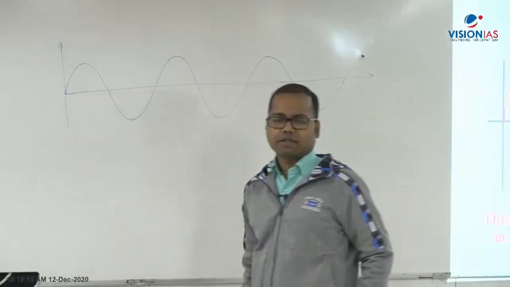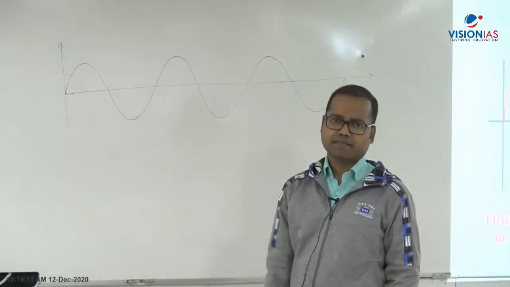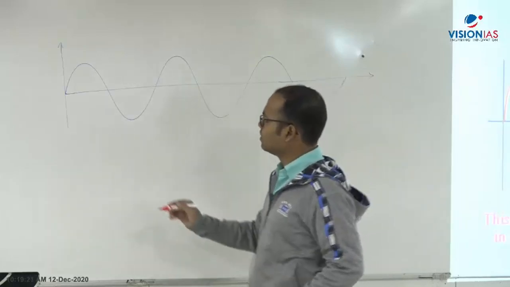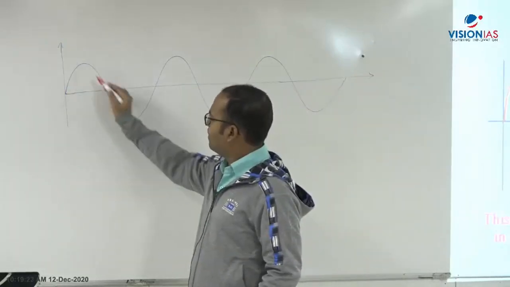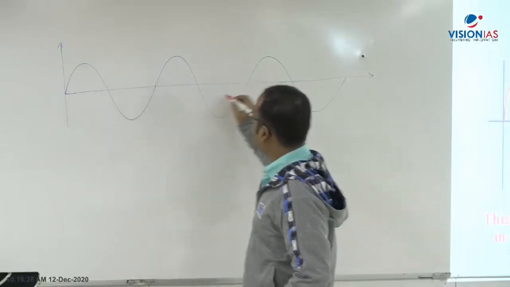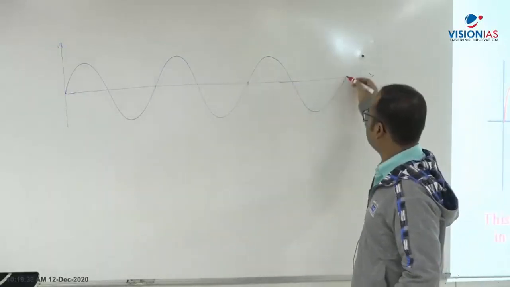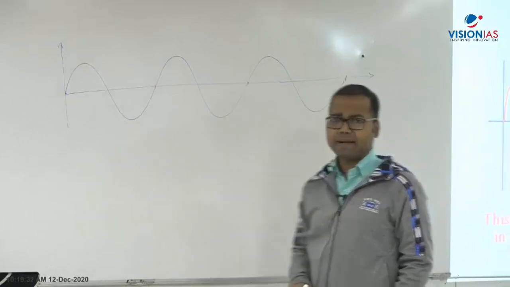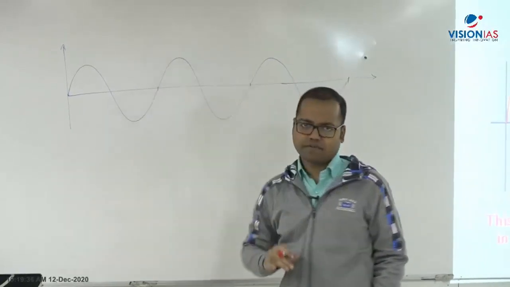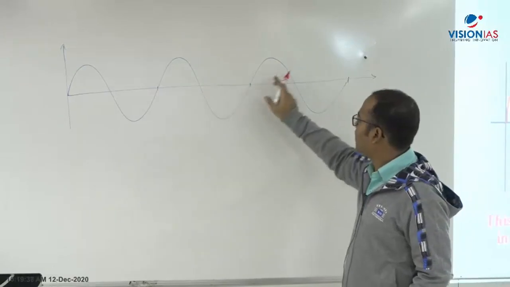So wavelength is what? Wavelength is the distance after which the wave repeats itself. If you see here, this curve is getting repeated after this event, and after this event. Can I say that this part of the wave can overlap upon this part of the wave, and this part can overlap upon this part?